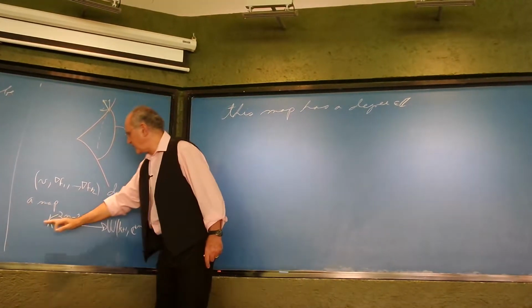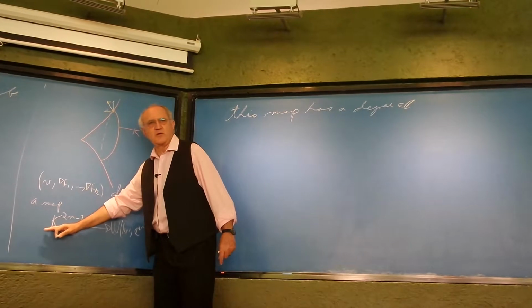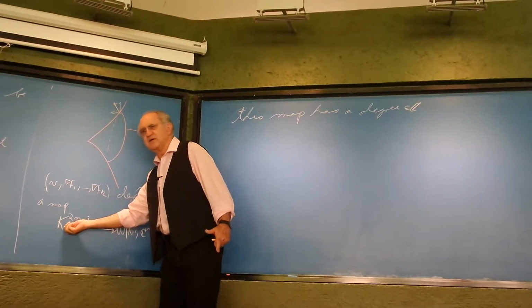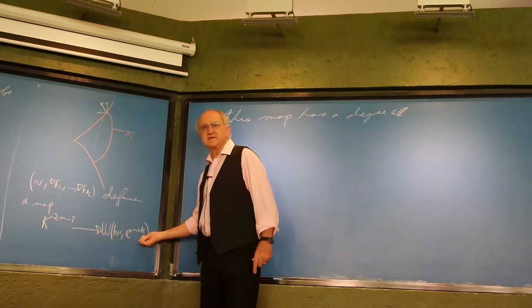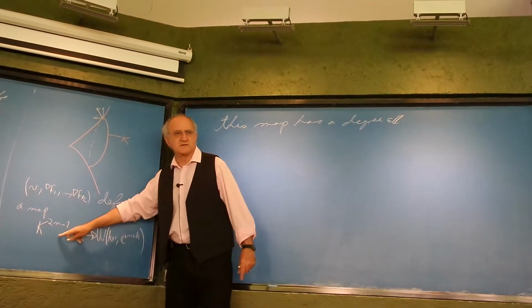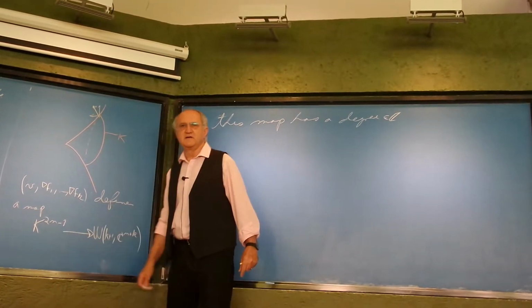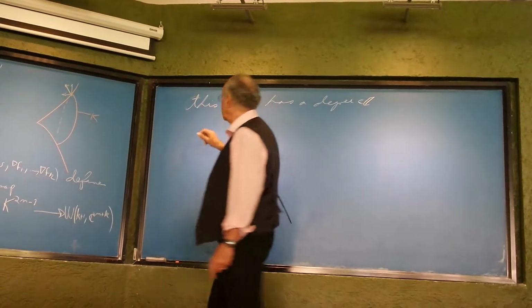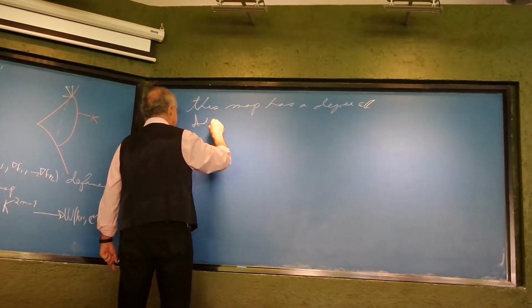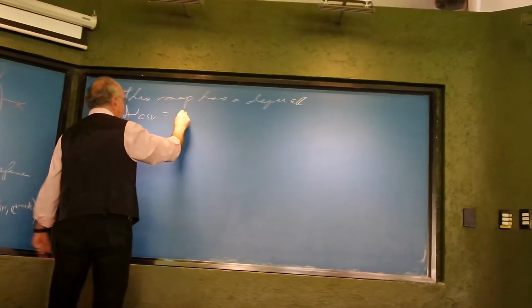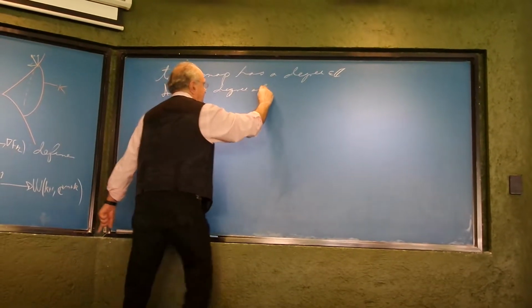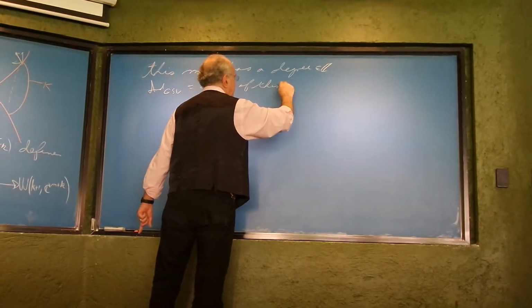For example, you take the top homology, isomorphic to the integers, and you see how many times the generator goes in this dimension. That's one way to define it. And then the GSV index is the degree of this map.